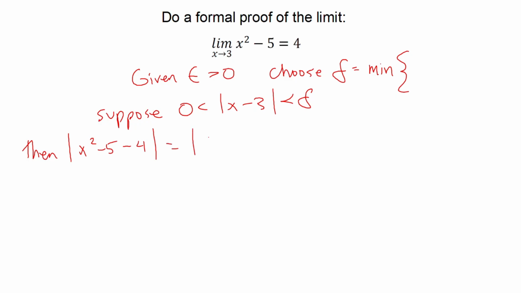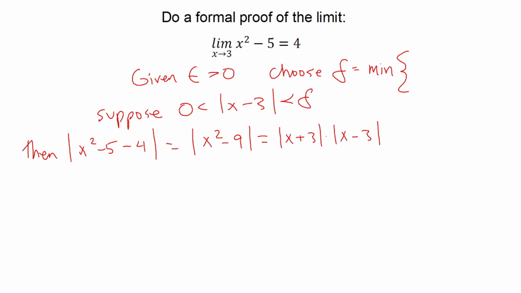Well, x squared minus 5 minus 4 is just x squared minus 9. And x squared minus 9 factors into x plus 3 and x minus 3 using a difference of squares. And again, since they can be factored together inside the absolute value, they can be separated into 2 separate absolute values.